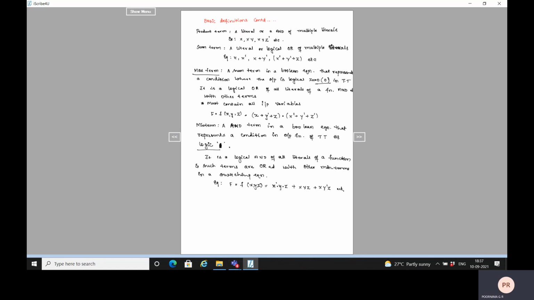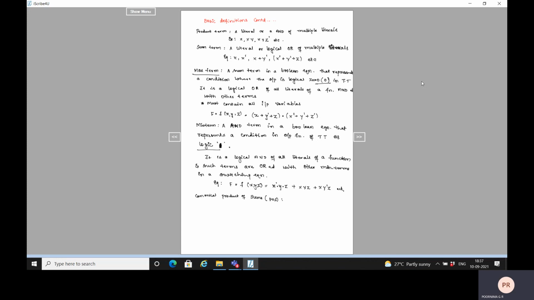The next definition that we must know is the canonical product of sums. In short, we'll call this the POS representation.